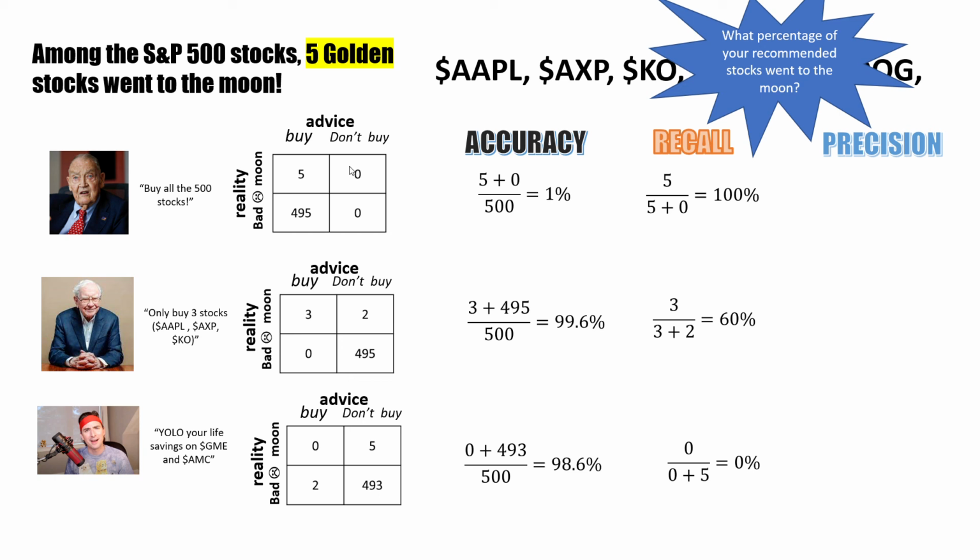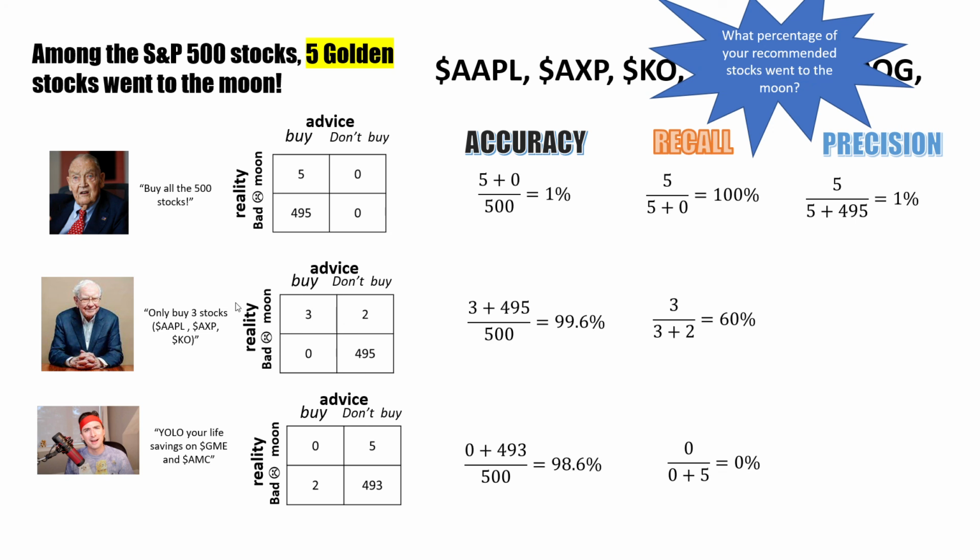And that is going to be the true positives divided by true positives and false positives, right? So basically, this is going to be this cell, the true positive, divided by the sum of the first column. For Jack Bogle, it is going to be 5 divided by 495. In other words, only 1% of the stocks that he recommended you to buy went to the moon, because it was actually 5 out of 500, right?